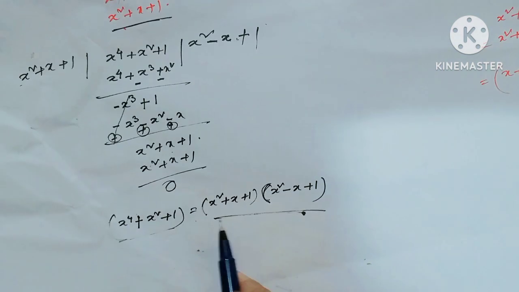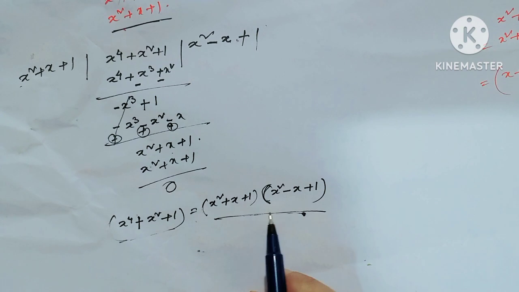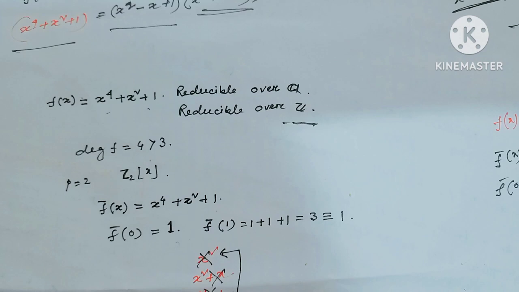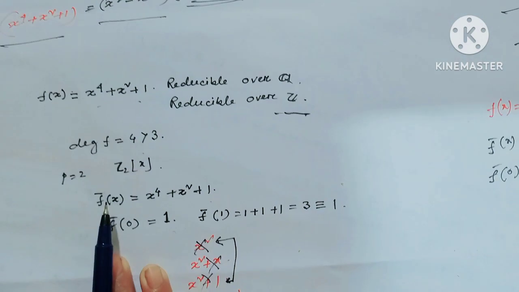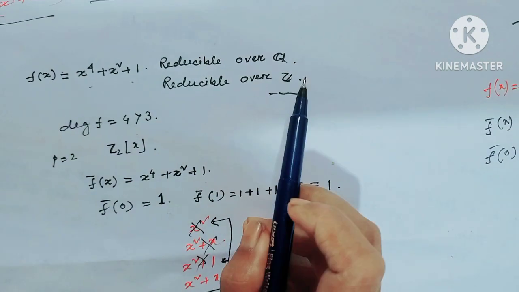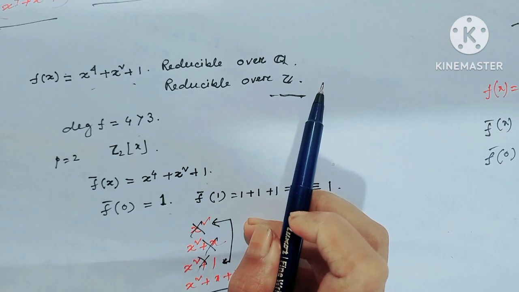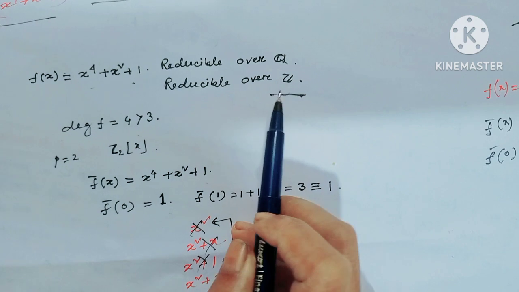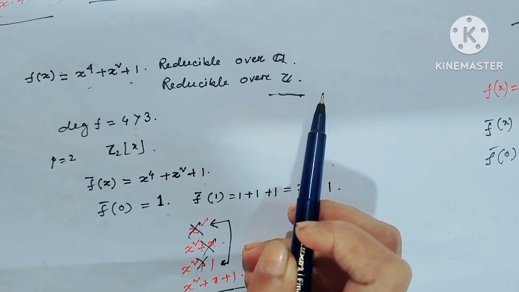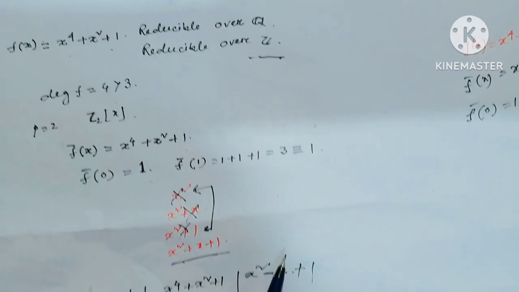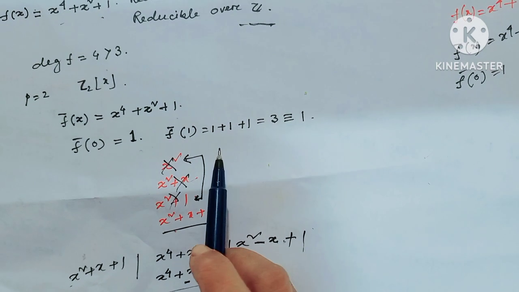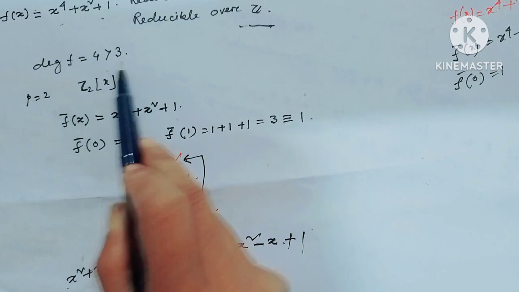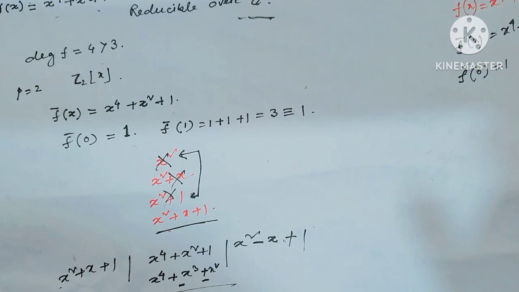So since we can write this as a product of two irreducible polynomials, obviously this polynomial is not irreducible over Q. This is reducible over Q, and since this is reducible over Q, that means this is reducible over the integers also. Notice here the mod p test has broken because the degree is greater than 3.